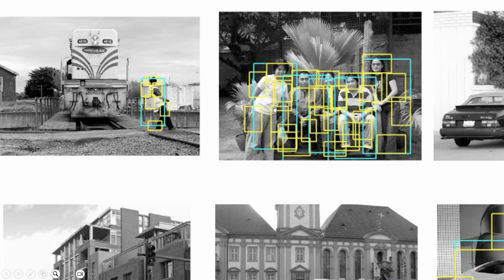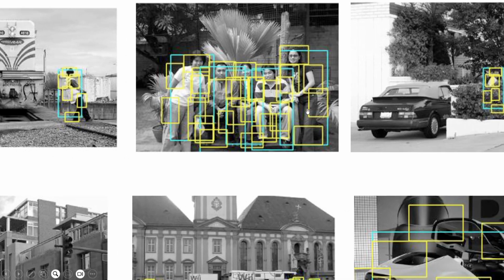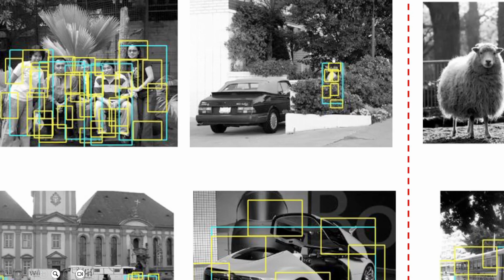This is the best case, because the deformable parts allow them to be detected even though they are not standing. And here is a person behind the bush. The deformable part allows it to be detected even though there is only the head and the shoulder part.